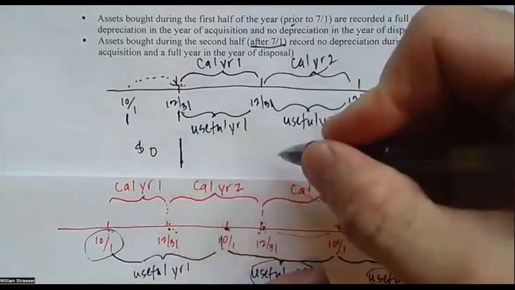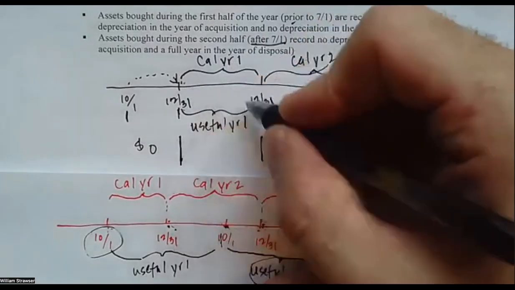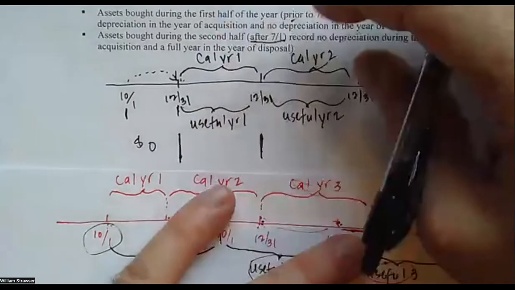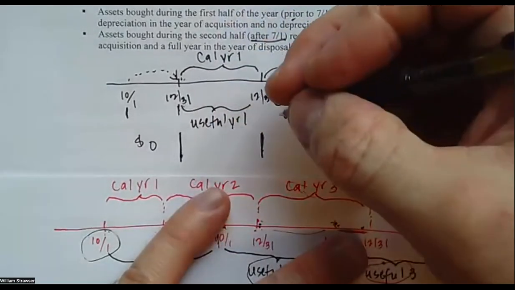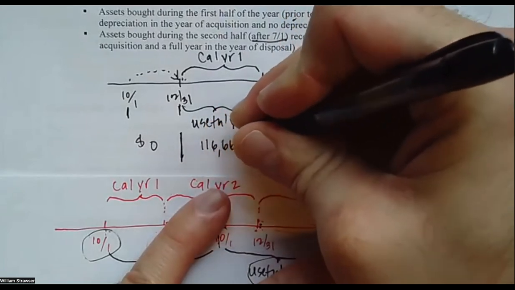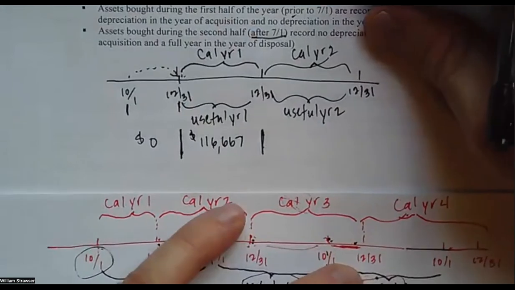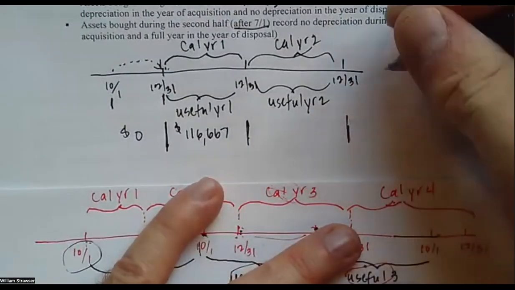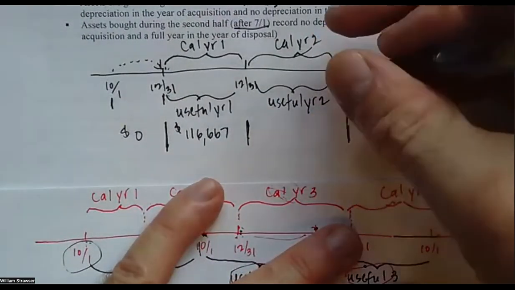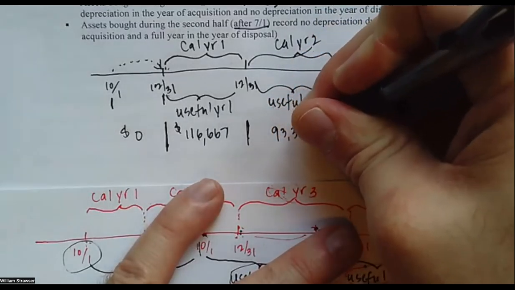Then in the first useful year, which matches this calendar year, I just recognize the full amount, 116,667 for the sum of the year's digits. For that next year, it's just the second useful year, 93,333.